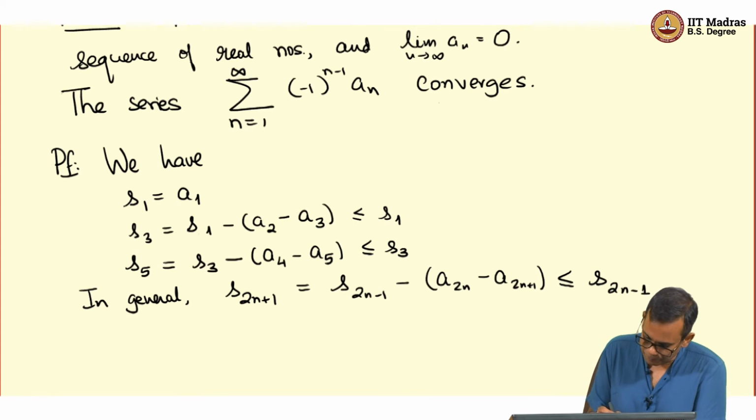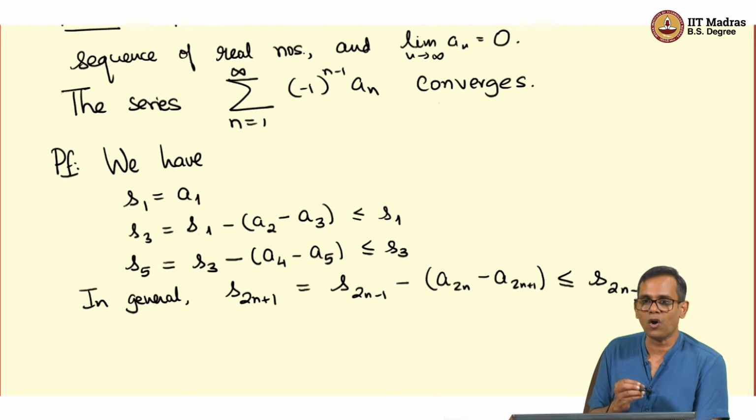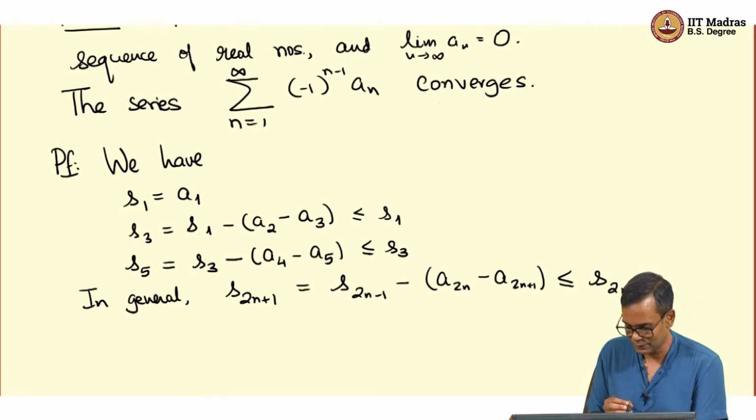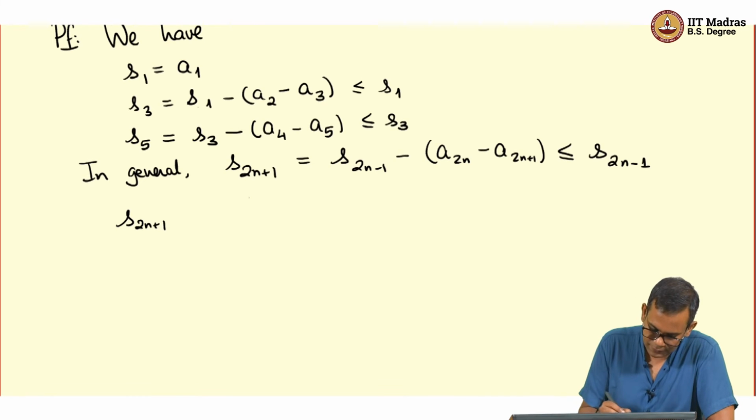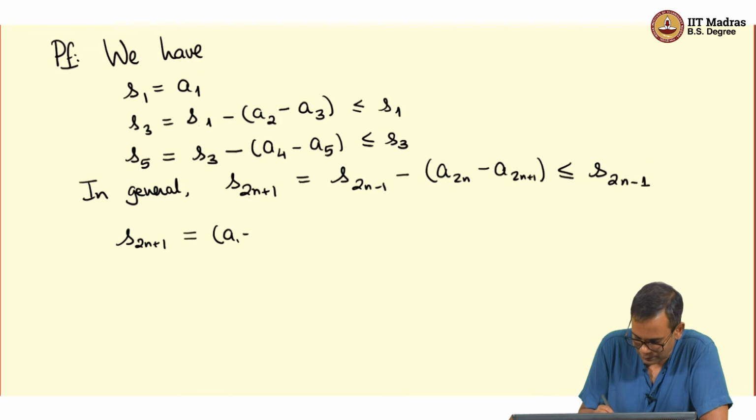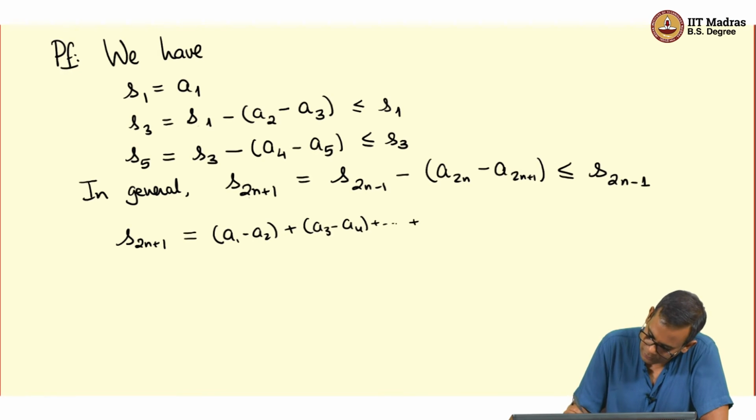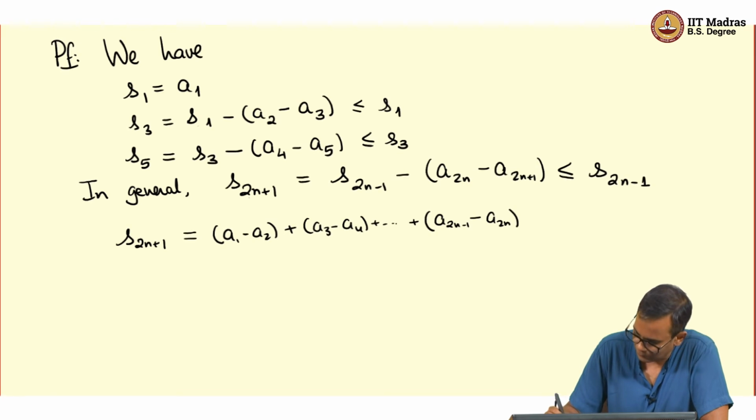So, this sequence of odd indexed partial sums is a weakly decreasing sequence. But also S_{2n+1} is equal to A1 minus A2 plus A3 minus A4 and so on, going up to A_{2n-1} minus A_{2n} plus A_{2n+1}.